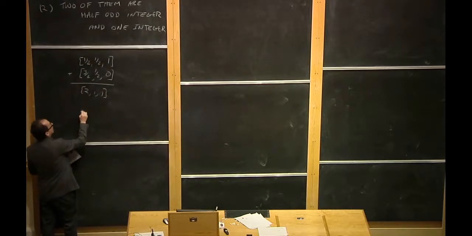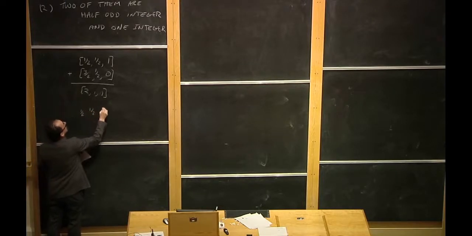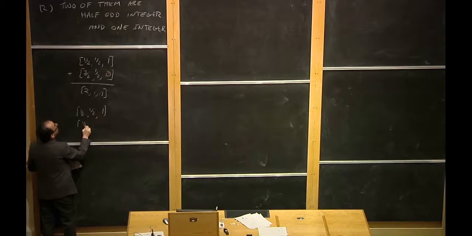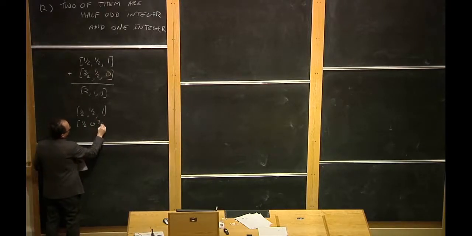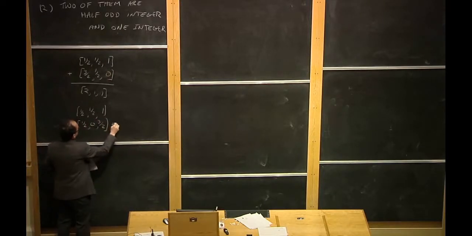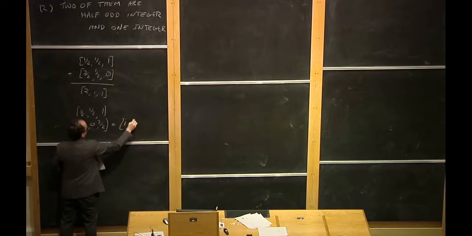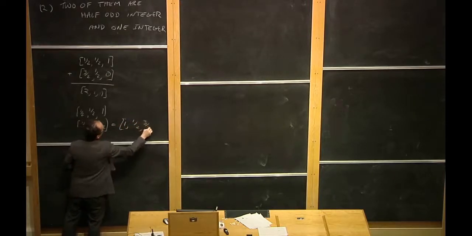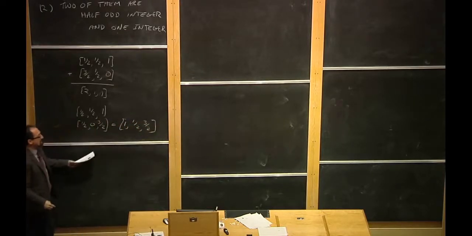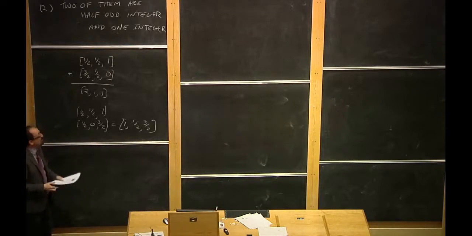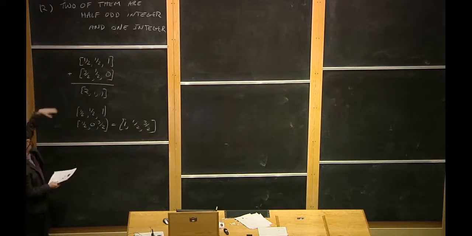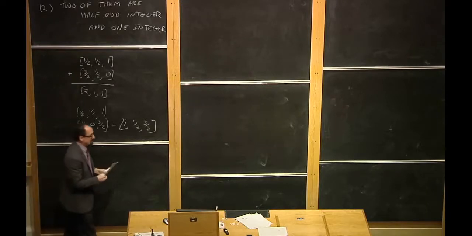You could have had 1/2, 1/2, 1 added to, say, 1/2, 0, 3/2, for example. Then what you get is 1, 1/2, 3/2, and still 2 of them are half-odd integers and 1 of them is an integer. So if you add together 2 things from set B, you'll get either something from set 1 or something from set 2. So it forms a closed set under addition.